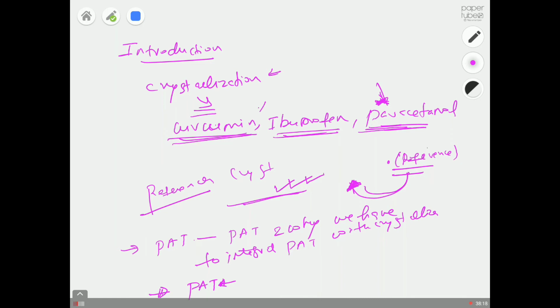So there are so many reasons. So try to talk a bit about the applications of PAT in pharmaceutical industries, and then give some examples.